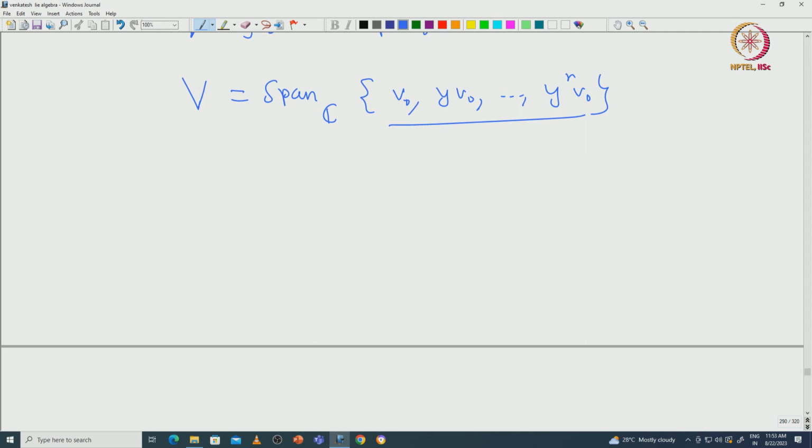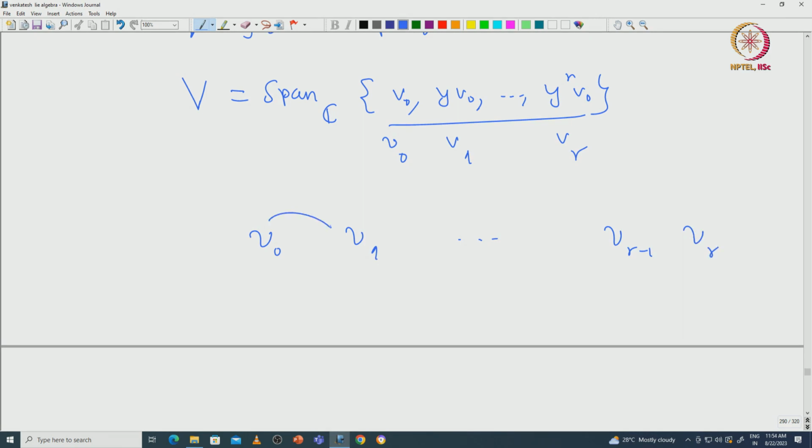So, indeed if we denote these by v0, v1, etc., vr, then we can see that v0, v1, etc., vr minus 1, vr is here.